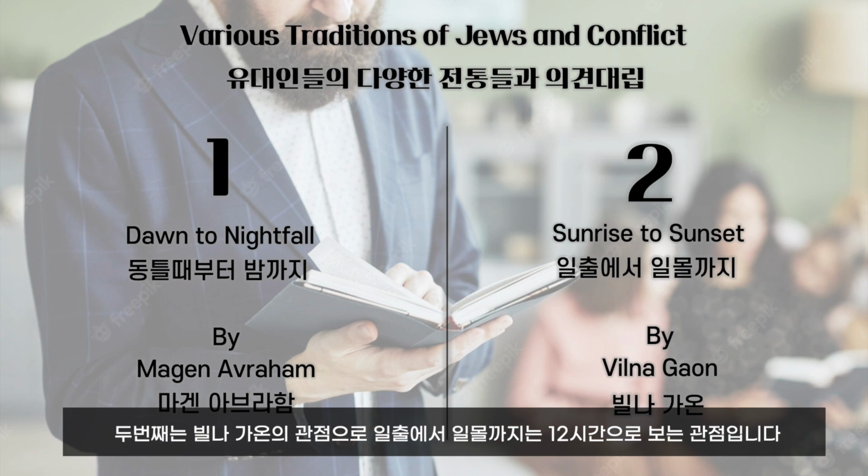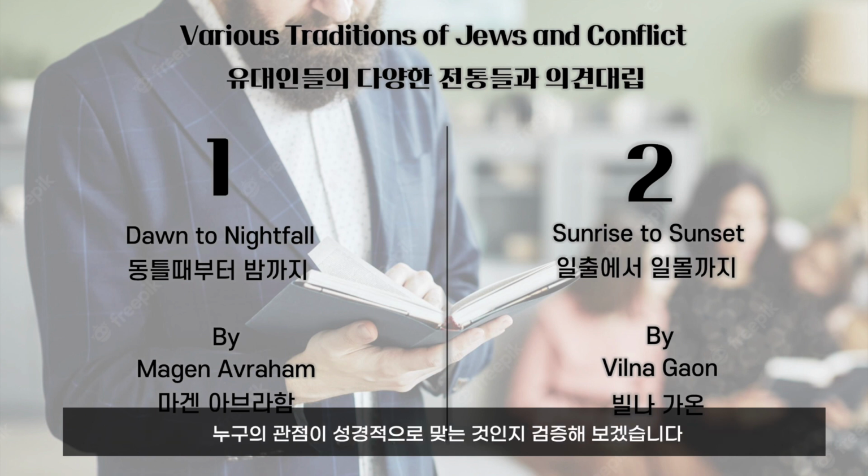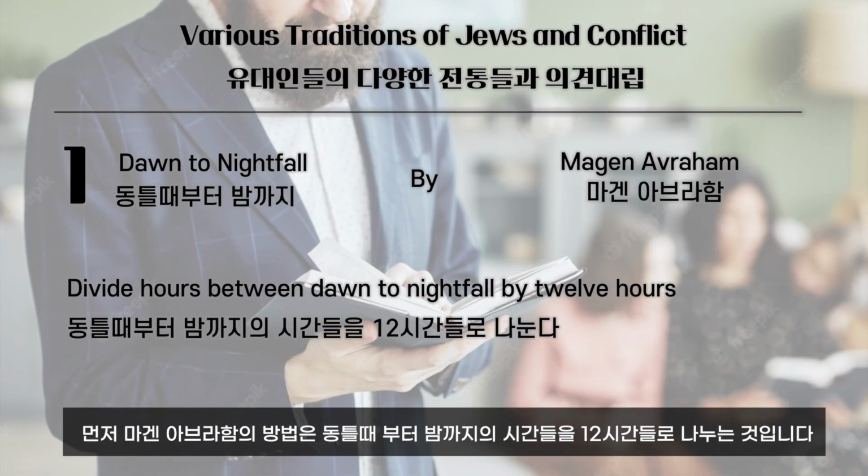Second is by Vilna Gaon, who sees a day from sunrise to sunset. So let's find out who is scripturally correct. The first calibration method for 1 hour by Avraham is to divide the hours between dawn and nightfall by 12 hours.